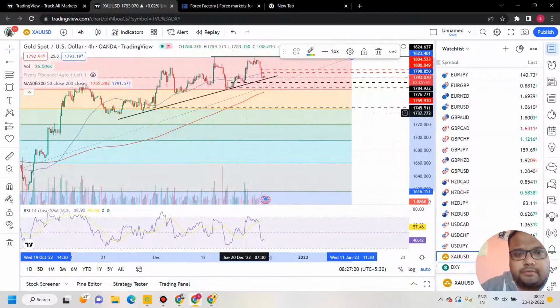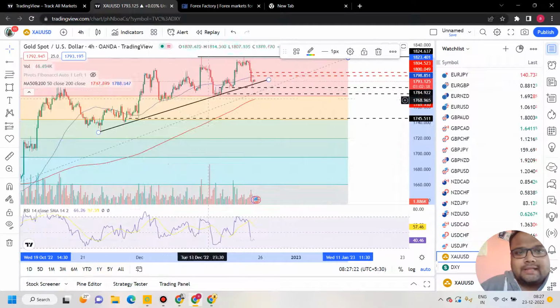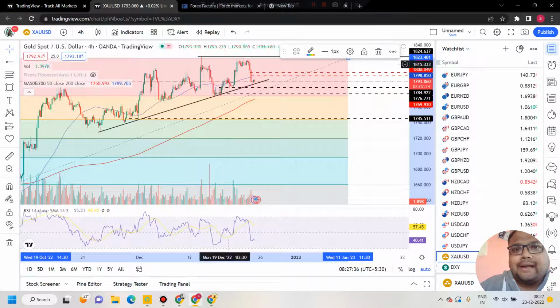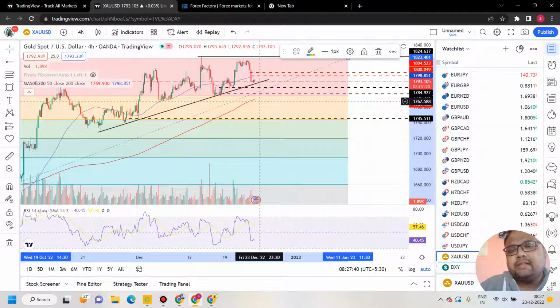See, this is the Fibonacci here. And we can see that Fibonacci 23.6% is around the 1775 to 1770 level. And moreover, we also have the 200 moving average coming up. Plus, the market has already shown previous price rejection around this area. So as a result, 1770, 1775 is the most important support zone before Christmas.